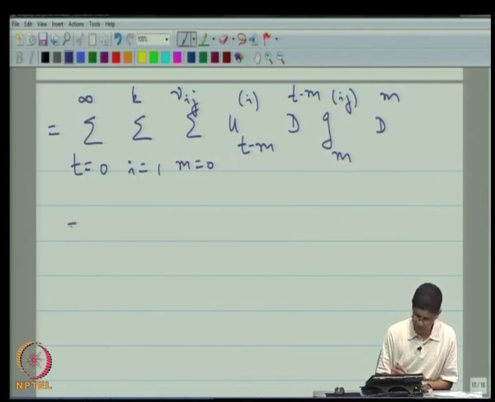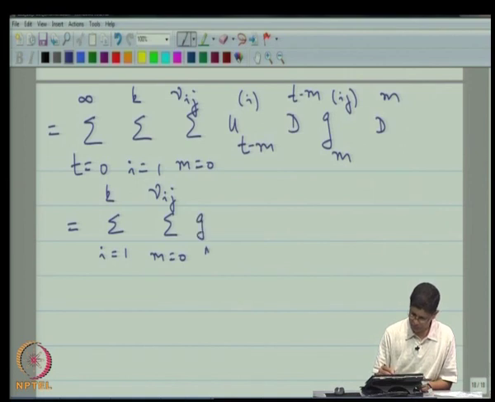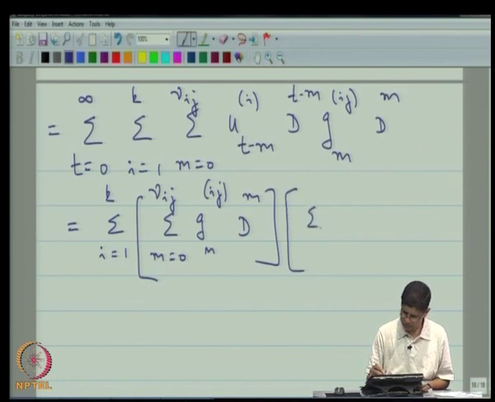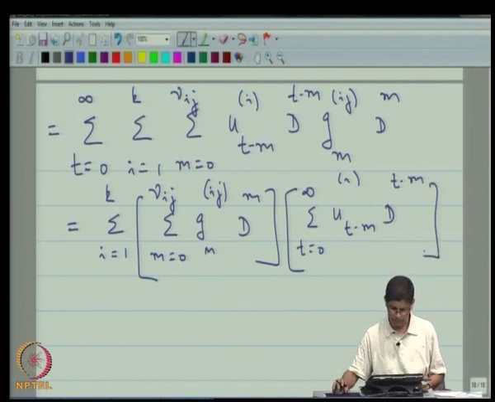So, this can be written as the sum i equal to 1 to k. Now, I am interchanging summations. Okay.